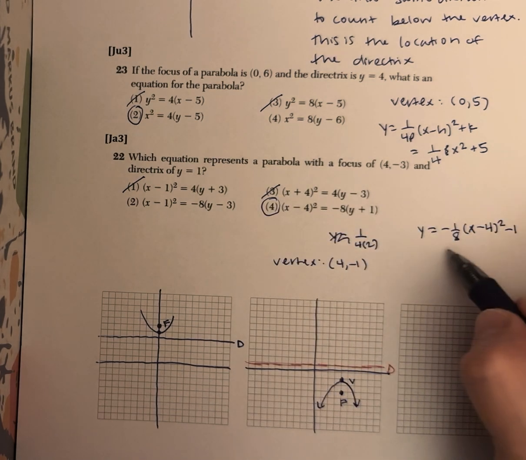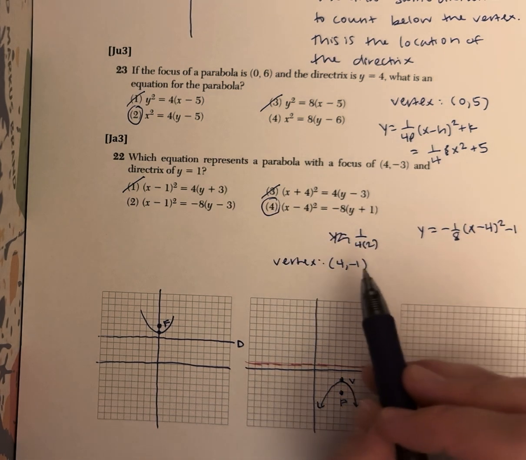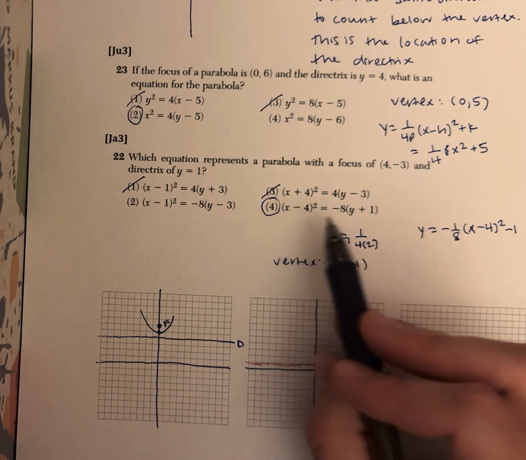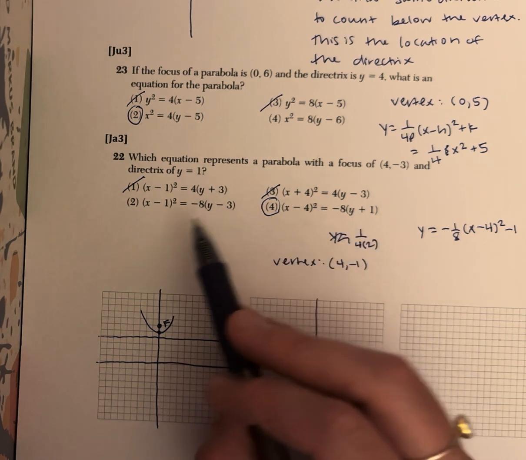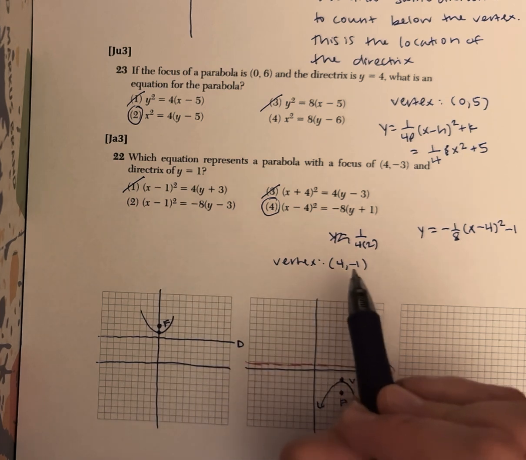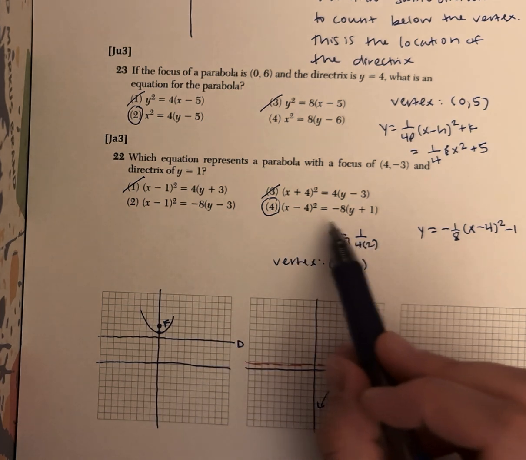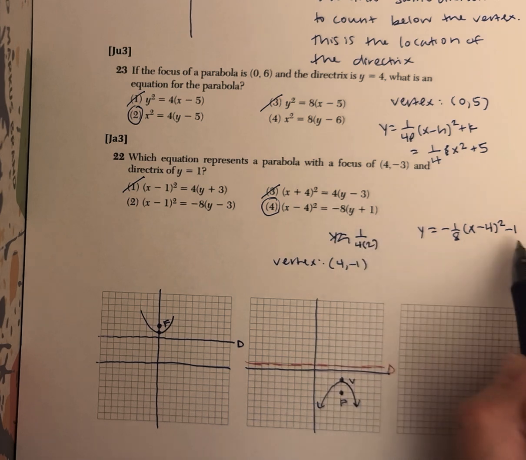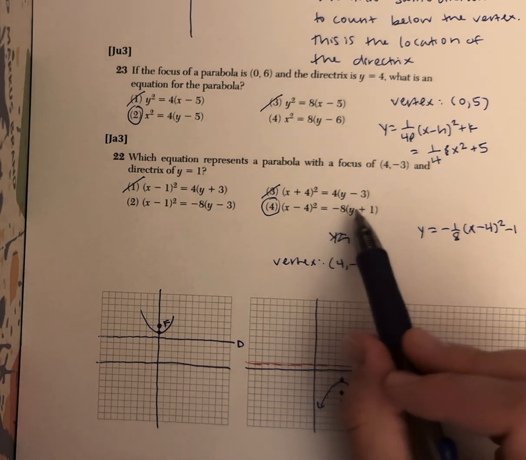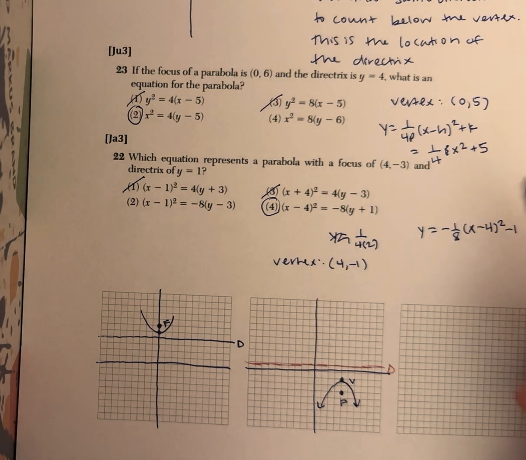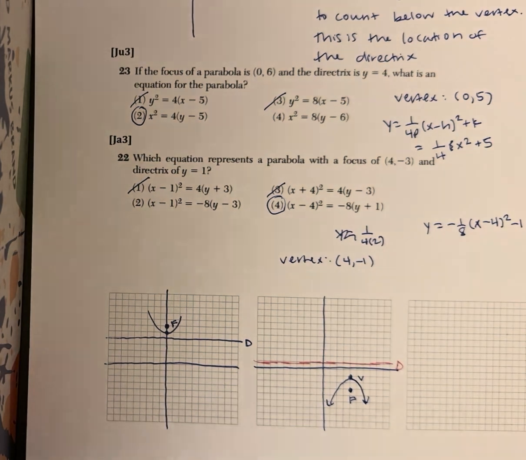I could have figured out this without this, because if I know the vertex is what's going into the final answer, like I need a 4 and a 1 in some capacity. The reason why you see a minus here and a plus there, like everything is opposite, is because this just hasn't been solved for y yet. All right, that's focus and directrix.